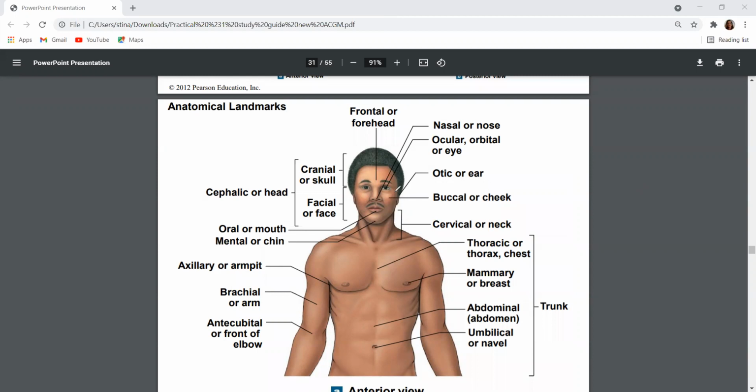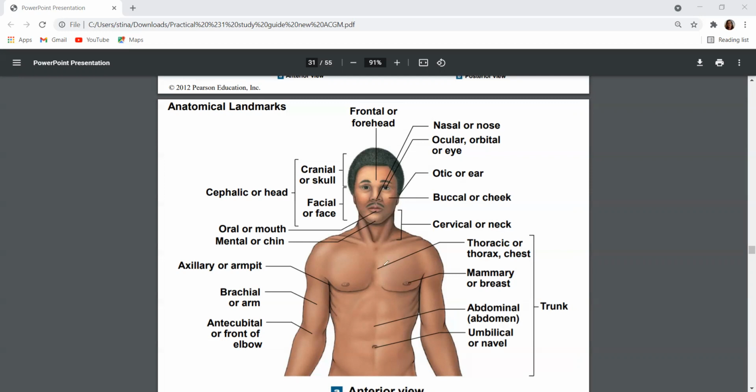You can use either one on the practical. Your nose is called the nasal. So on the practical, you would tell me nasal. The cheeks is called your buccal. Again, make sure you don't put cheek, put buccal. The mouth is the oral. The chin is called the mental. And the neck, whether it's the front or the back, doesn't matter. Both the front and the back of the neck are called your cervical.